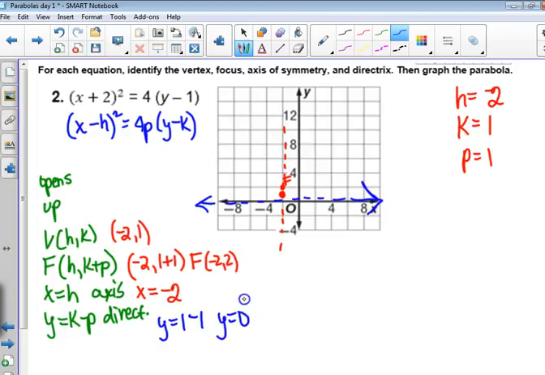All right. Now, you want to put in an x or a y? You want to try a y this time? Okay, so let's pick a y value. It's got to be up here somewhere, right? Because it's going to go this way. You want to put in y equals 8? Okay, I don't know how wide that'll be, but let's put in y equals 8. X plus 2 squared equals 4 times 8 minus 1.